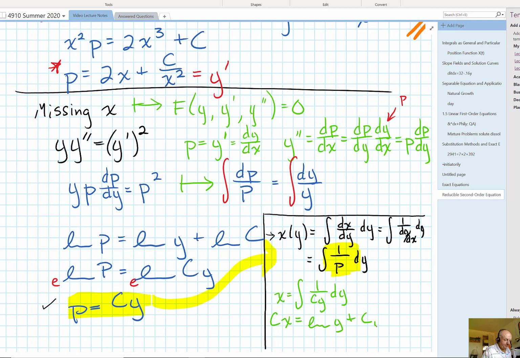Now this gives us the ability to solve for y as a function of x. y is equal to e raised to the cx minus c sub 1, or cleaning it up, e to the minus c we just call c sub 2, so c sub 2 e to the cx, as our final solution.